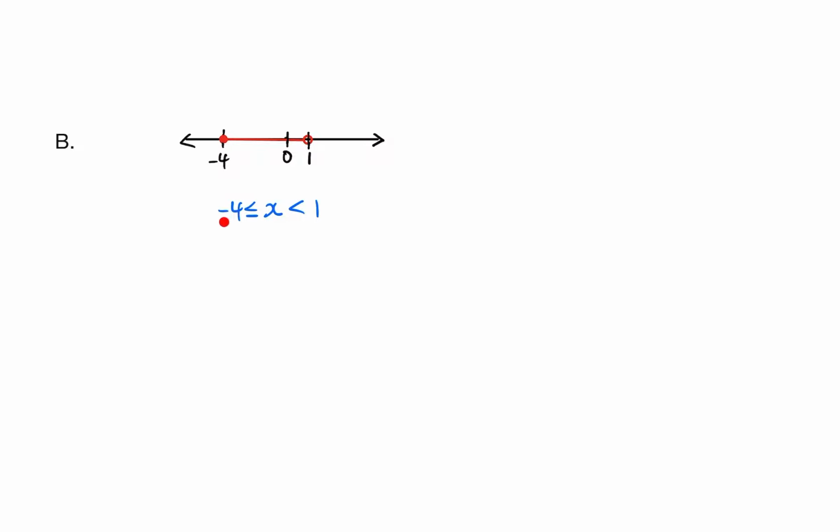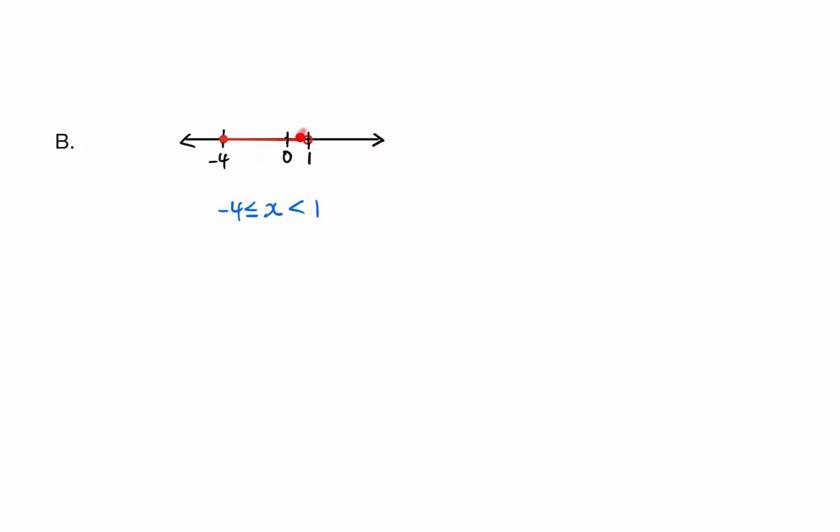If I were to read it from left to right, I would say that -4 would have to be less than or equal to the value of x. In this case, we're reading it from right to left because we want everything that's greater than or equal to -4. So x is going to be greater than or equal to -4. But on the other side, we're reading less than or equal to 1.